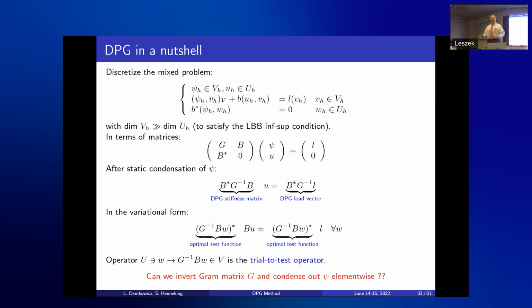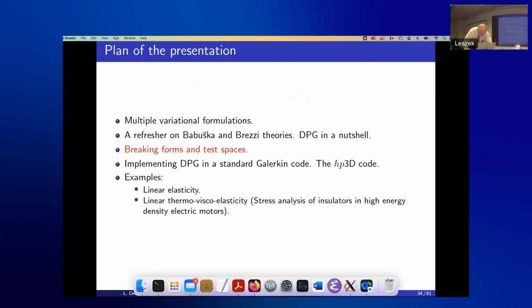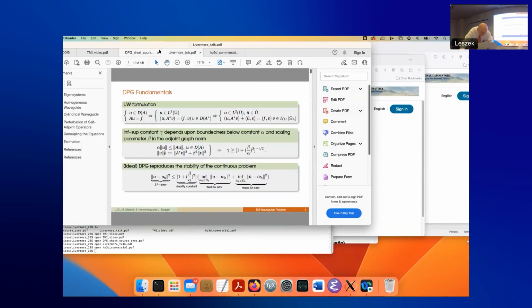You pay the price though, and the price is because you're breaking test functions, there is a corresponding Lagrange multiplier, and this is identified as a trace. You have additional trace unknowns that come from literally discretized with traces of proper energy space. So I'm going to quickly skip this part of the presentation and go to the actual topic.